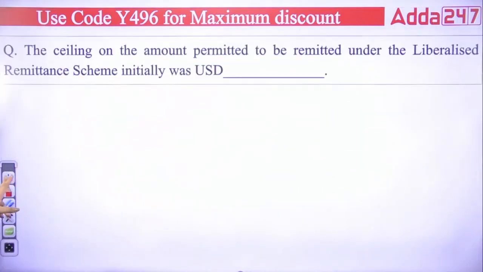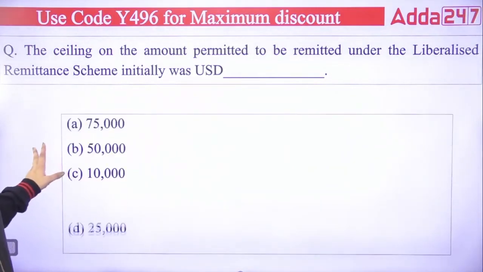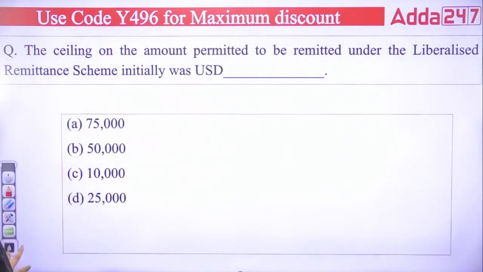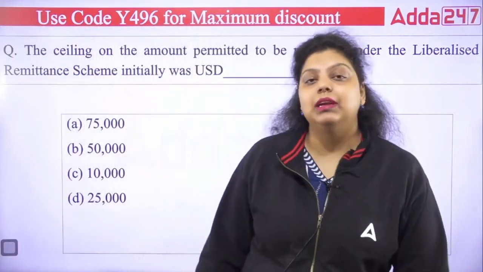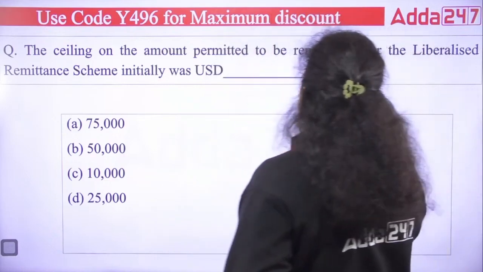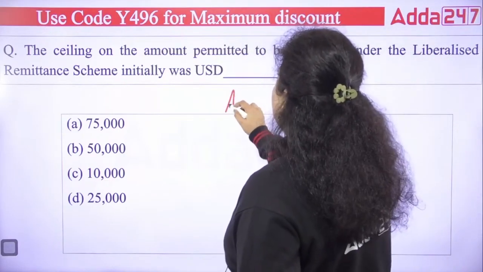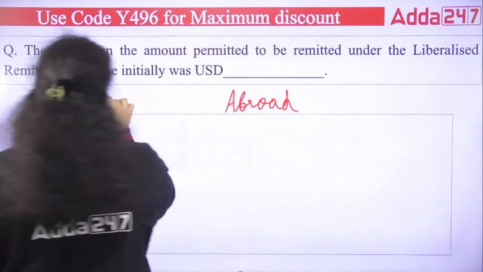Next question. The ceiling on the amount permitted to be remitted under the liberalized remittance scheme initially was what amount in dollars? So the liberalized remittance scheme was introduced by RBI in 2004, in which an outward remittance limit has been given. It means the LRS, the liberalized remittance scheme, allows money to be transferred abroad from India.